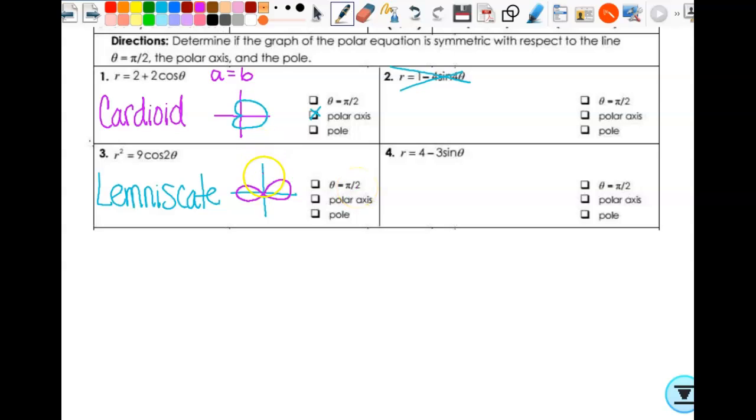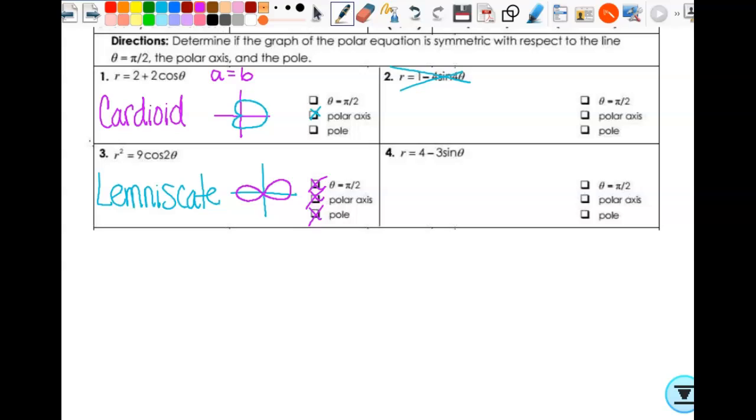If I reflect it in this line, is it going to look the same? Yes, so it is symmetric to theta equals pi halves. Is it symmetric to the polar axis? Yes. If I reflect it in here, then yes. Is it symmetric to the pole? Yes. If I rotate it 180 degrees, it's going to be the same. So this one happens to have all three types of symmetry, which is totally possible.